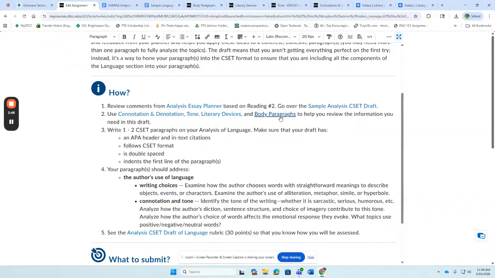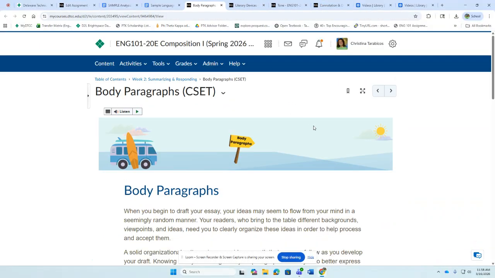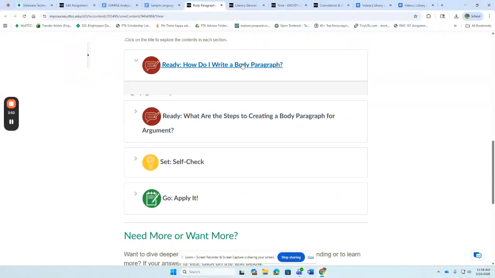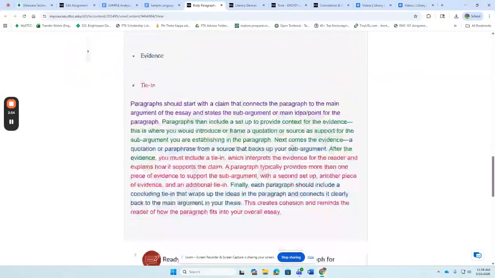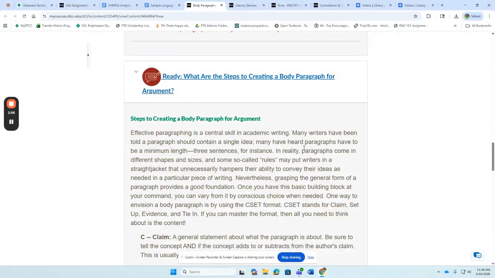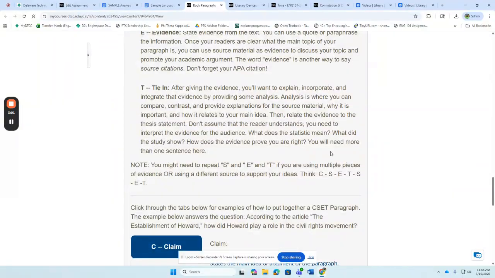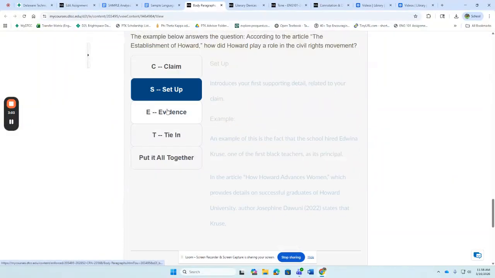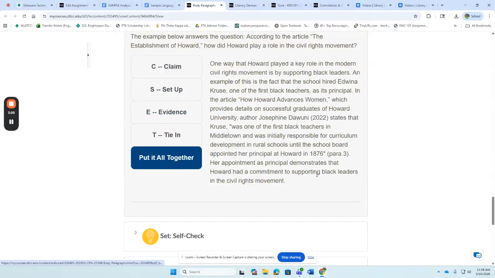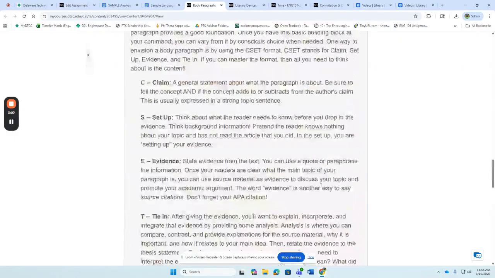The last page I would make sure that I had up is the body paragraphs page from week 2. So this is a great resource to remind you of what a CSET paragraph looks like. Remember, every body paragraph that we do in this class is going to be in CSET format. So if you need a reminder of what it all looks like, you have it here.